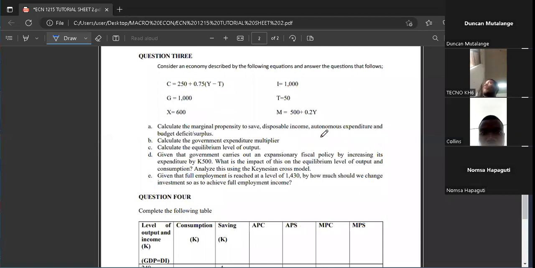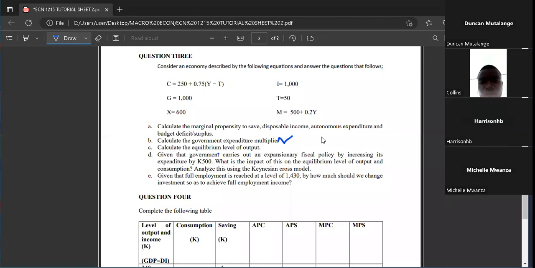When you're given this, how to calculate equilibrium income is another format in which they'll ask you to calculate national income. Then on Wednesday, we should also look at the aspect of the multiplier. But on Monday, I'll show you all these calculations and how to deal with them.